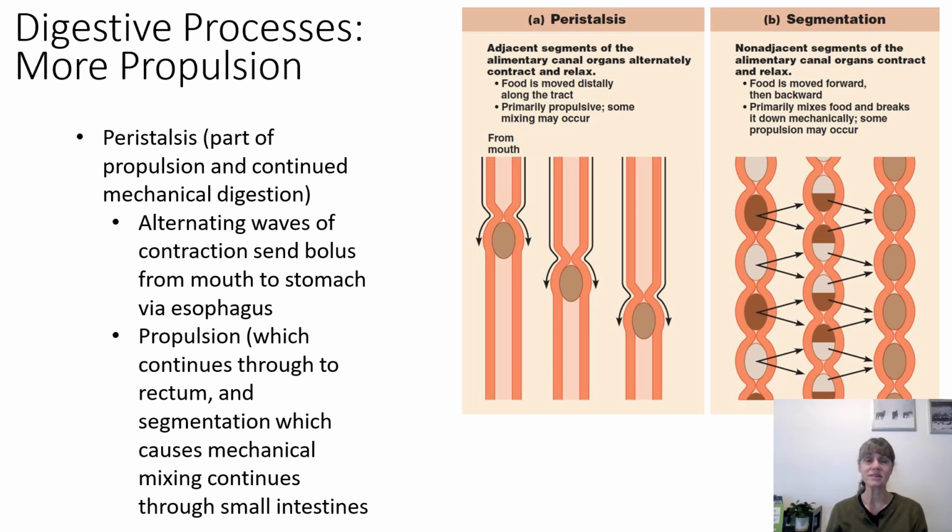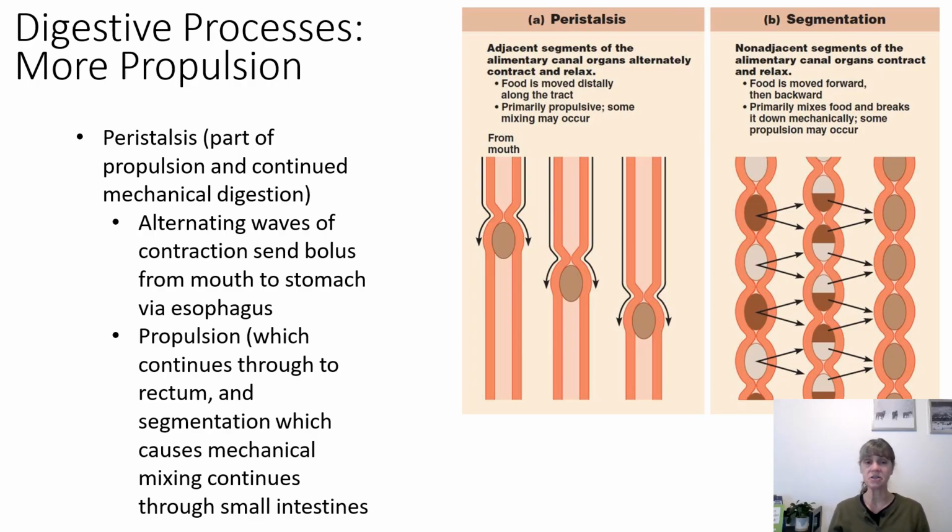When we look at propulsion, peristalsis is that part of propulsion which continues both chemical and mechanical digestion. However, it does continue mechanical digestion because there are alternating waves of contractions that send the bolus of food, which is what we call the food mixed with saliva, from the mouth to the stomach by way of the esophagus.